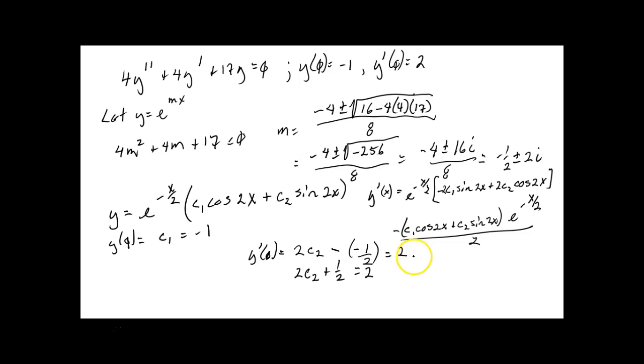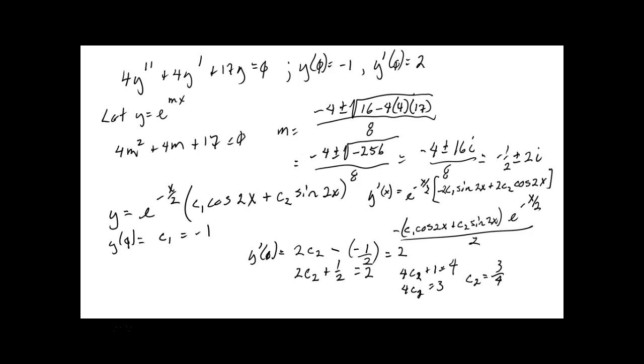Let's just multiply everything by 2, and you get 4C2 plus 1 is equal to 4. So 4C2 is equal to 3, and C2 is equal to 3/4.